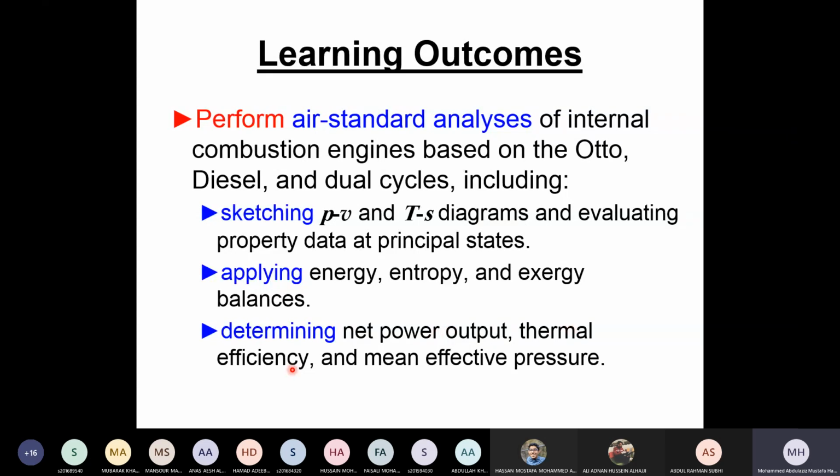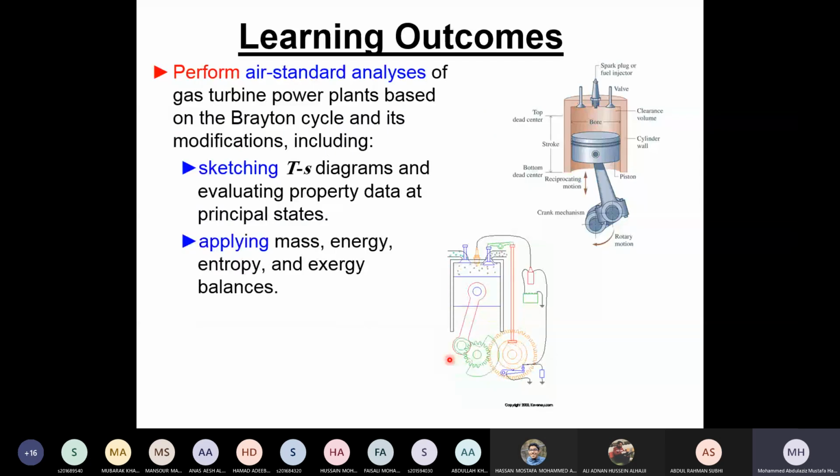The second is you do not want to go to the gas station all the time. So this is the thermal efficiency. And we will also define a new parameter here, which is mean effective pressure. All right, so this is again what we are learning here. Of course, we will ask you to plot the TS diagram. And this is the engine here, or the space where the work is done. Okay.